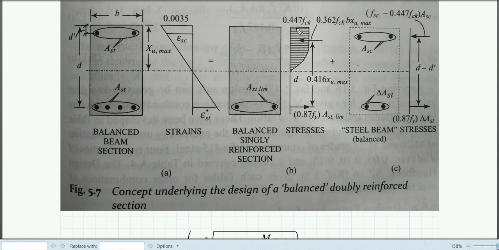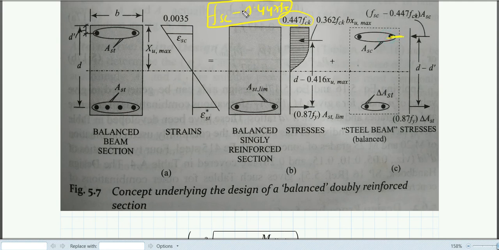You can see that the compression steel lies in the rectangular region, right? So here the stress in concrete is already 0.447 FCK. So what is the stress that is available? The available stress will be the stress in the steel, FSC minus 0.447 FCK. This much stress is actually available in the steel.